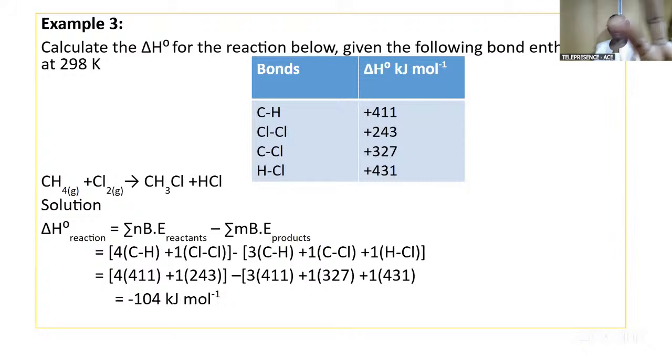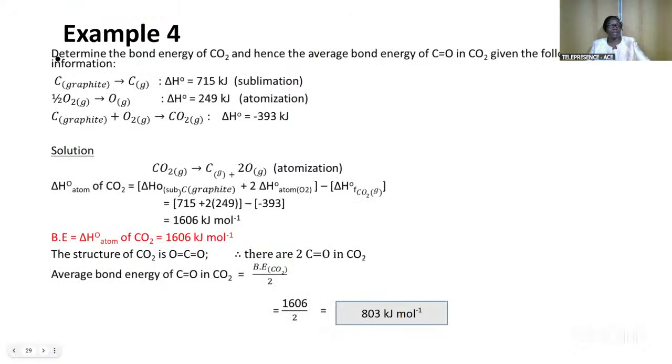Okay, so you are welcome back to the class, and we will just continue from where we stopped. I'm sure I've made a lot of clarifications on the questions that were asked. So let's take another example. This question says, determine the bond energy of CO2 and hence the average bond energy of C double bond O in CO2, given the following information.